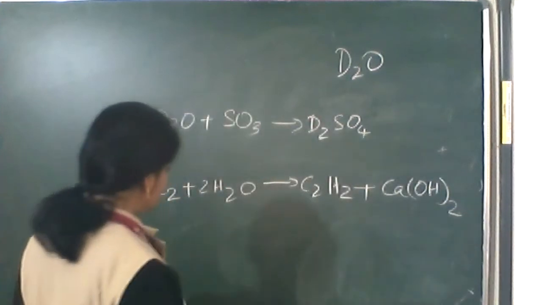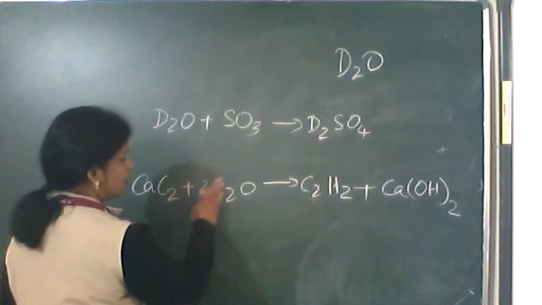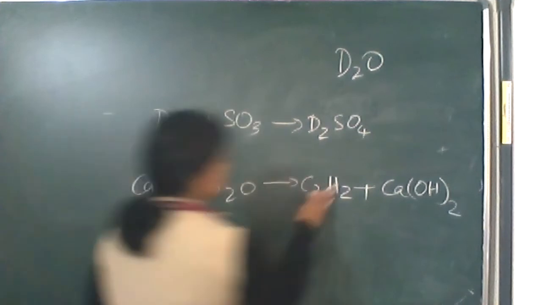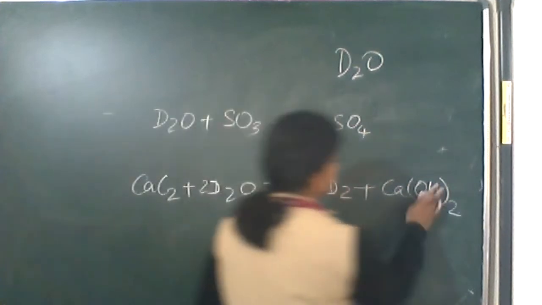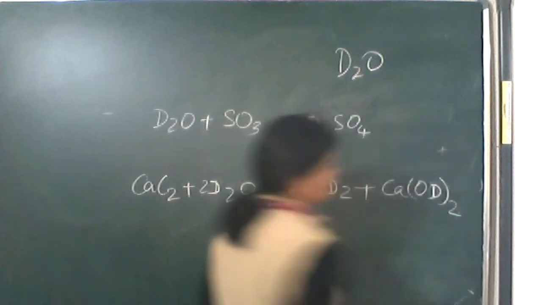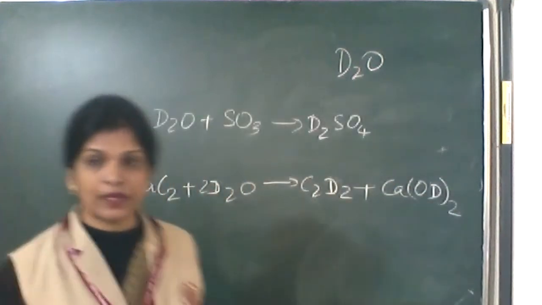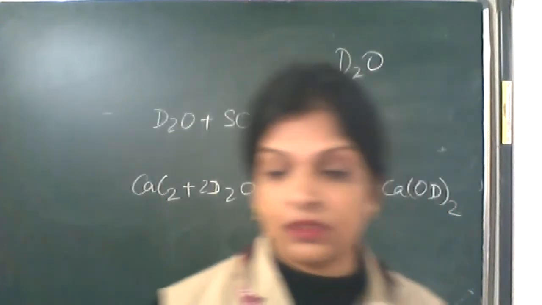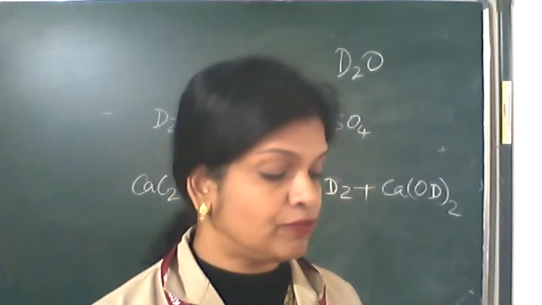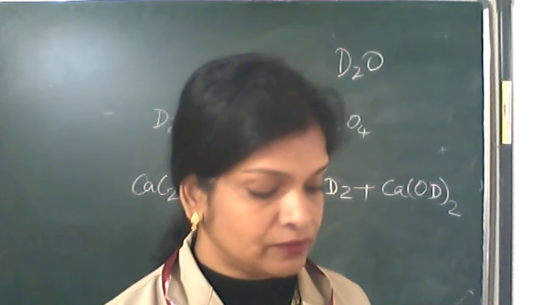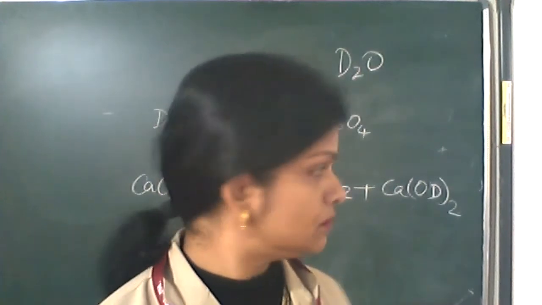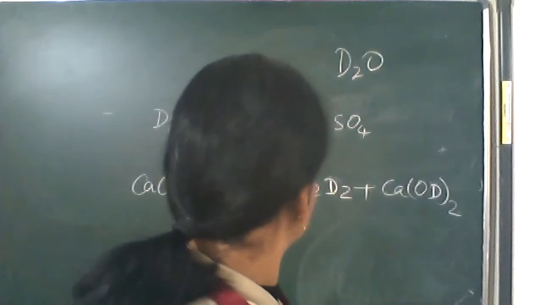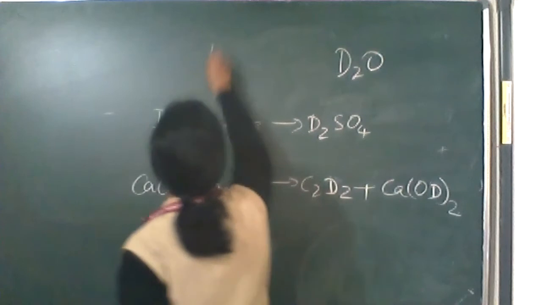So here, instead of H2O, now we have D2O, so here C2D2, replacing all hydrogens by deuterium. So these are the reactions of heavy water. D2O is heavy water.